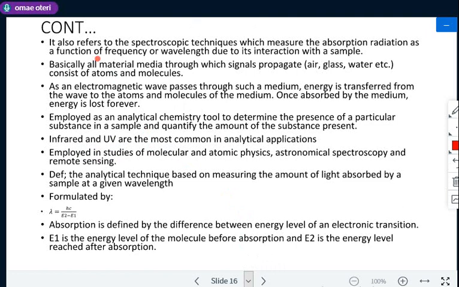Then sometimes you're talking about a concept where we are using spectroscopy techniques. This can be applied in many applications. You can use it in the study of materials, and in the study of different media when you're talking about absorption.